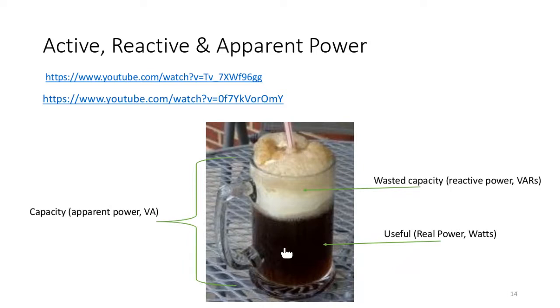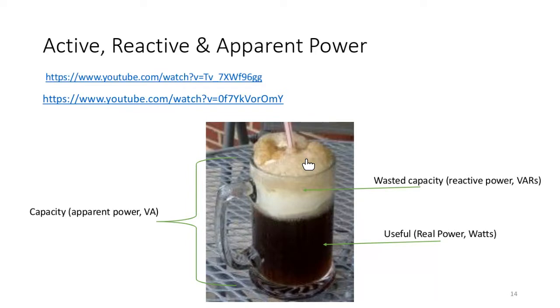The real power will be converted into heat, or into mechanical energy, but the reactive power will not be converted to anything. You just need it, and once you switch it off, it goes back to the transmission line. So you need it just for running the motors.